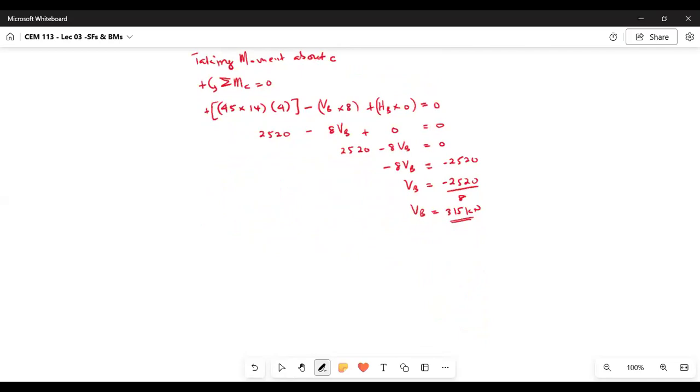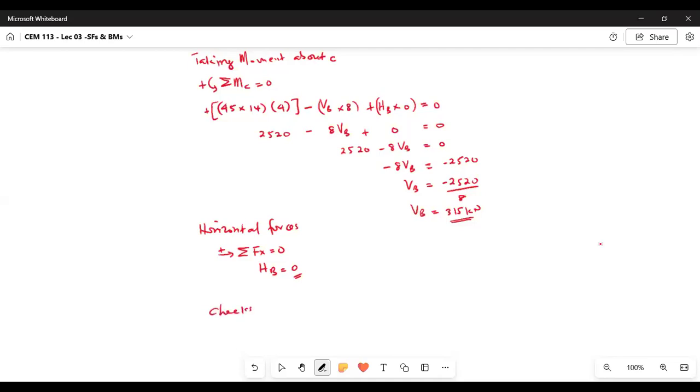Sum of horizontal forces. So we have sum of forces in the x direction, 0, right way is positive. We have only 1, so at B is 0.